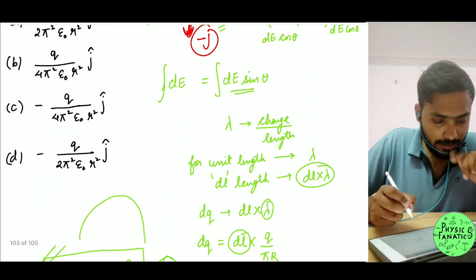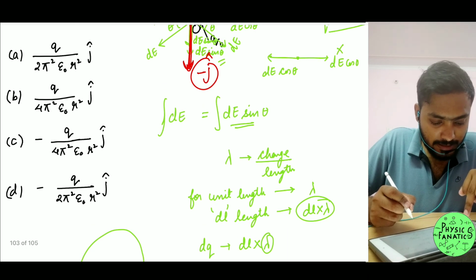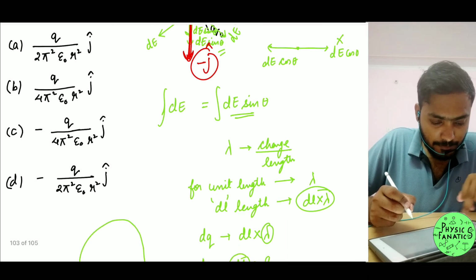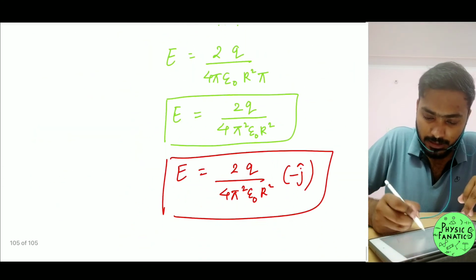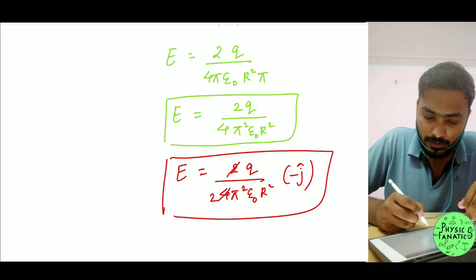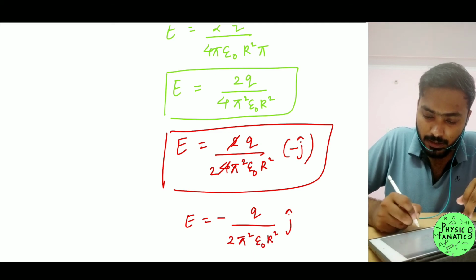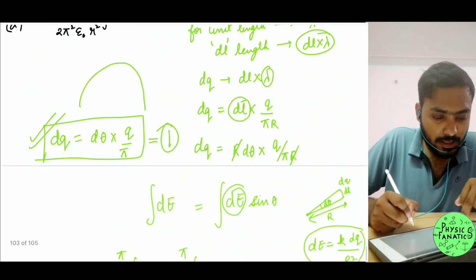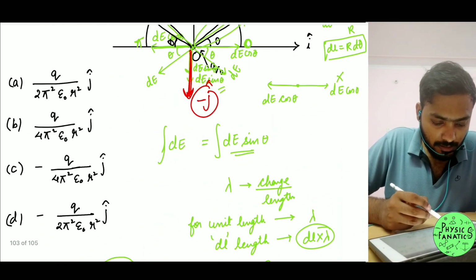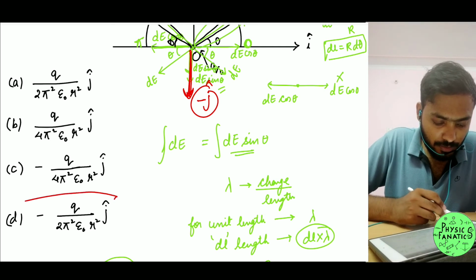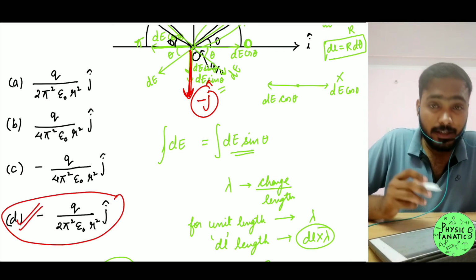Yes, you can see. I can actually cancel this 2 also, so we get E equals q upon 2 pi square epsilon naught r square, j cap with a minus. You can see option number D is the correct answer.